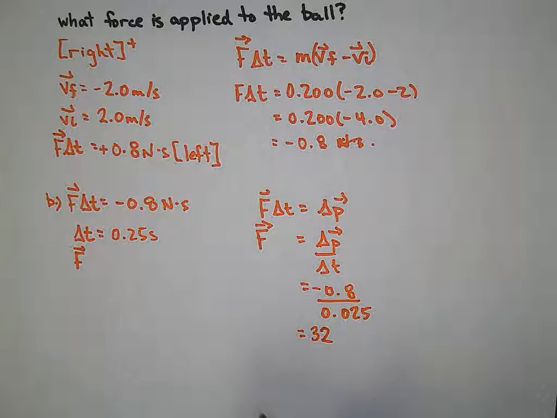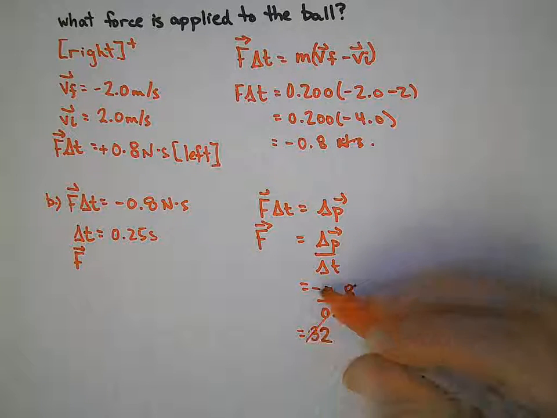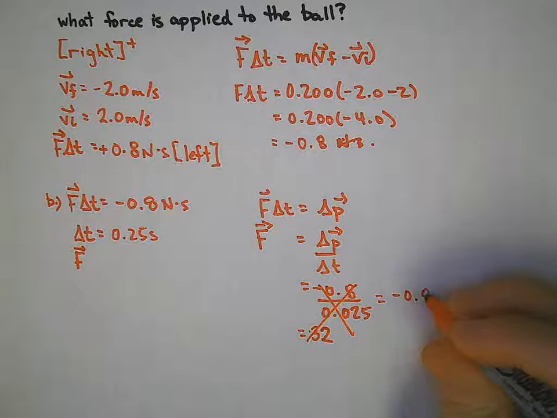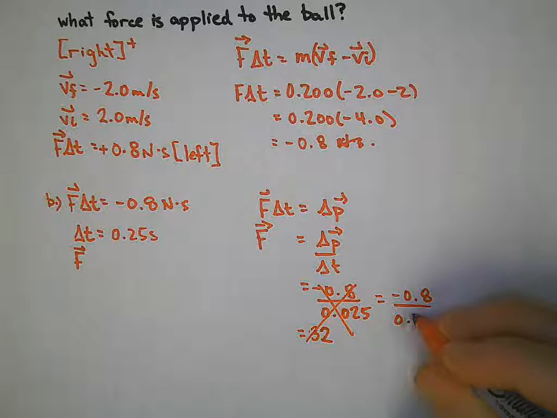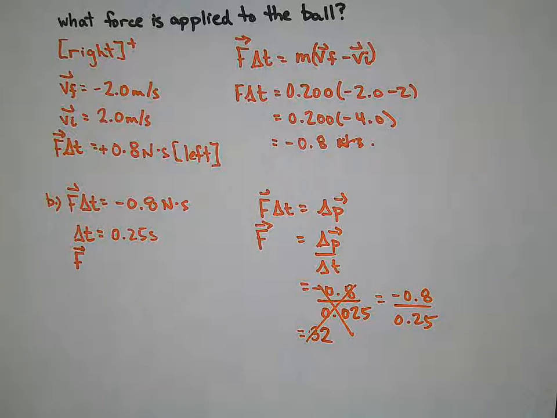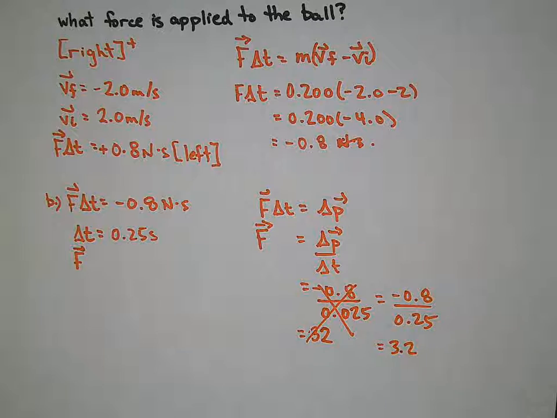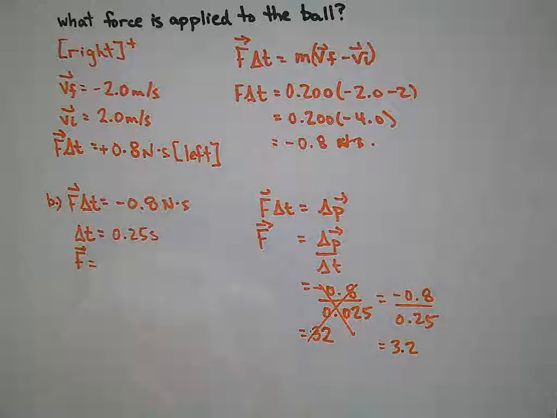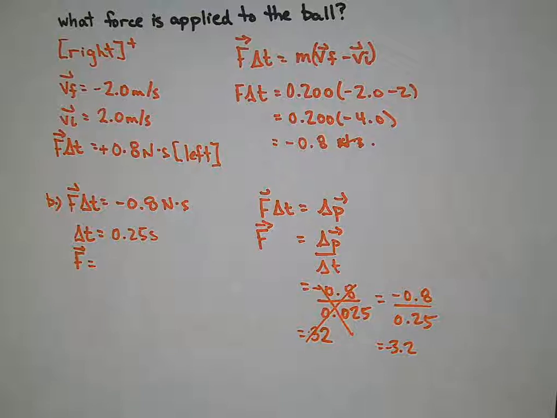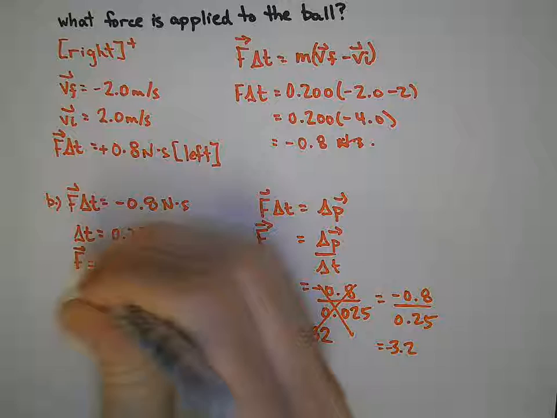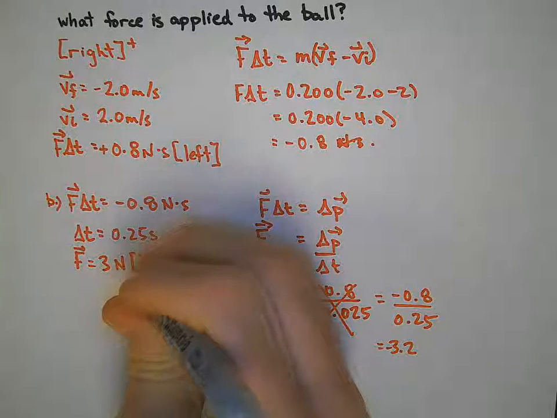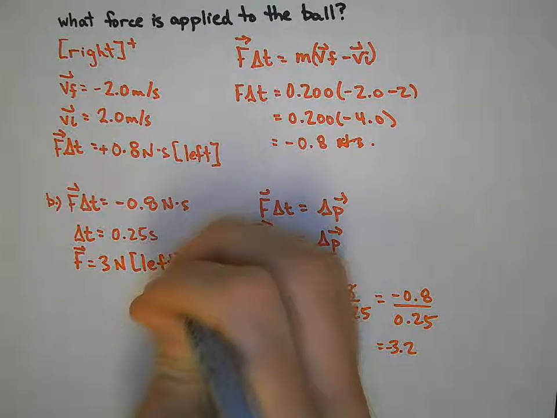Negative 0.8 divided by 0.25 is 3.2. One significant digit tells us that in this case, the force applied to the ball by the cushion would be 3 newtons left.